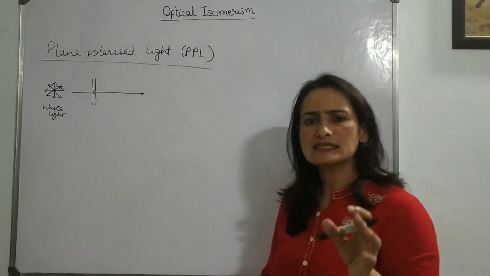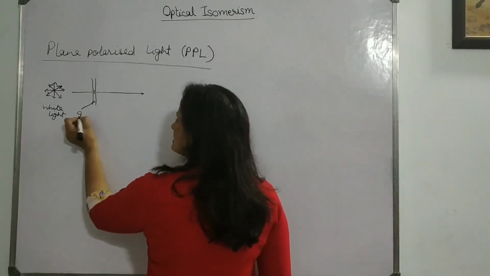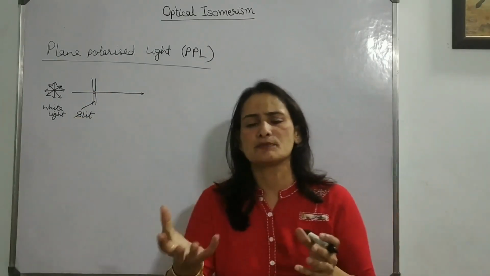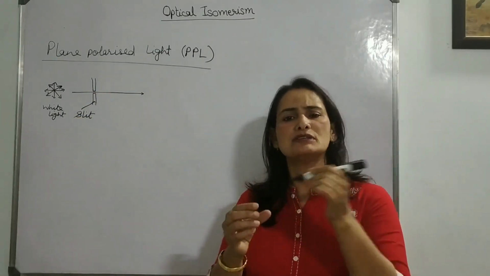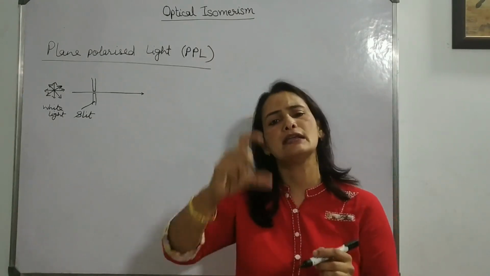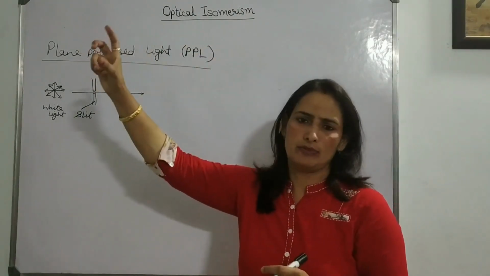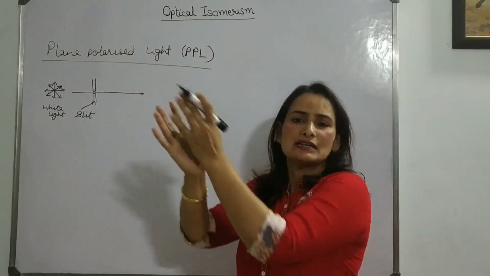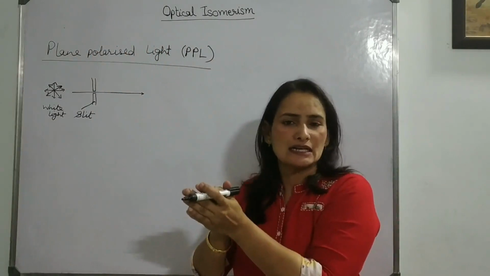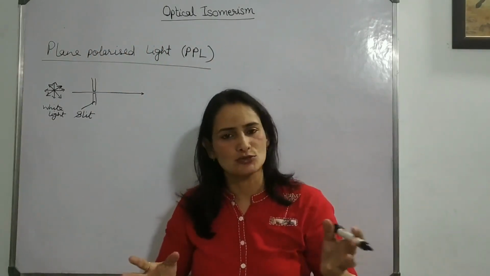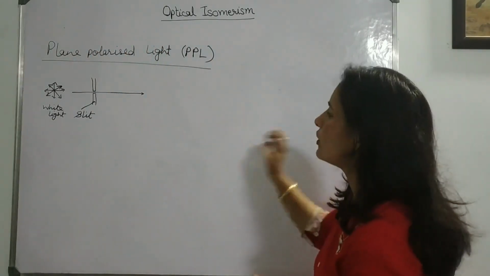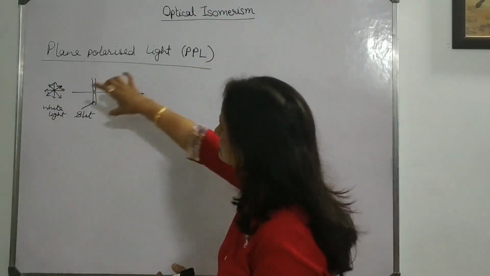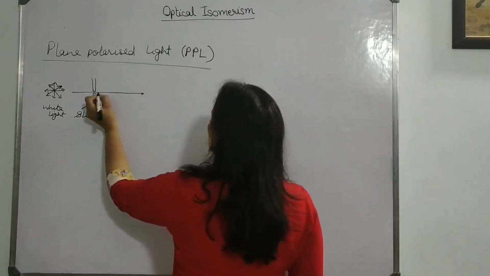A slit is something like a cardboard in which you pierce a small hole and keep it in front of a bulb. Then a small ray from the bulb comes out and the rest of the radiation is cut down. The slit does the same work, cutting down the oscillations in all the different directions. Only one direction is allowed to come.